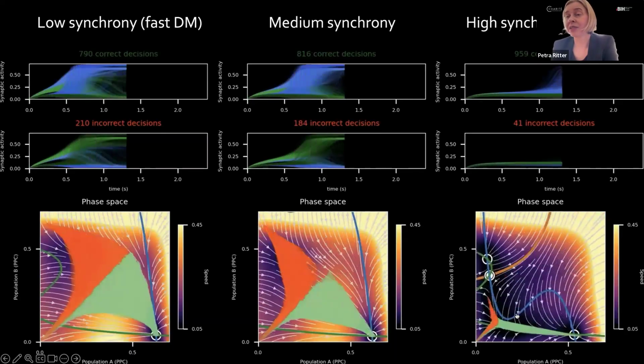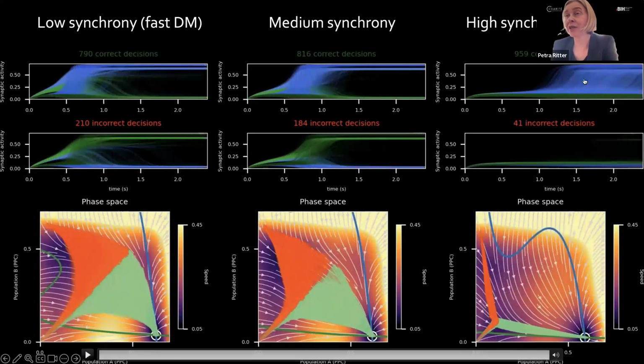And now we continue, and only after about 1.5 seconds, this little fixed point here has resolved. This is because of the feedback coming from the prefrontal cortex. This has also been analyzed in the publication.